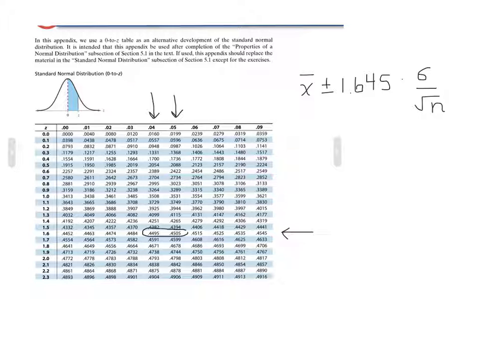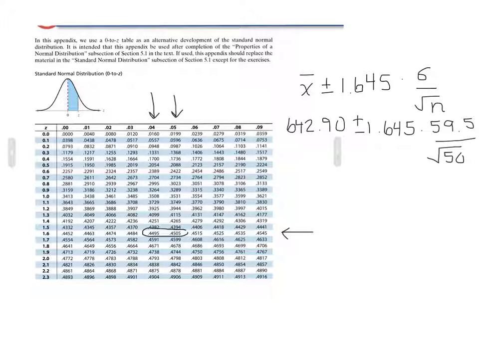Our X bar, our sample average, was 642.90. Our sigma was 59.50. And our sample size was 50.